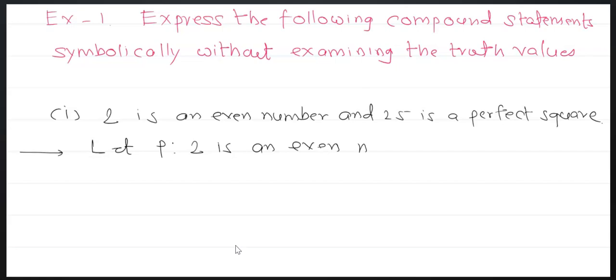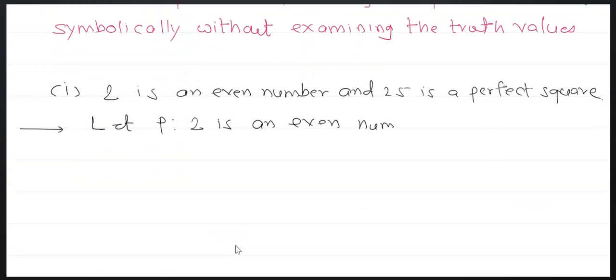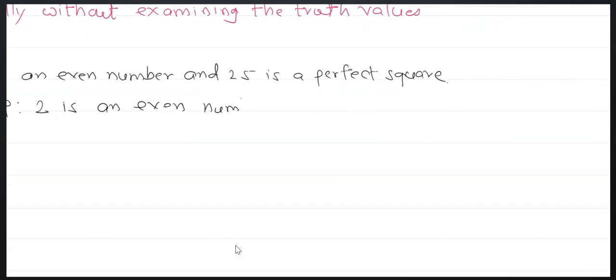The first is: 2 and 2 is an even number and 25 is a perfect square.